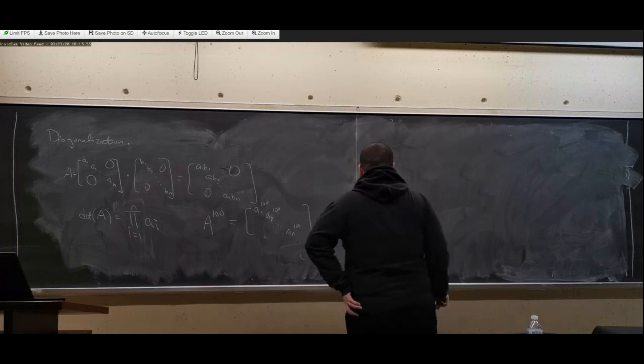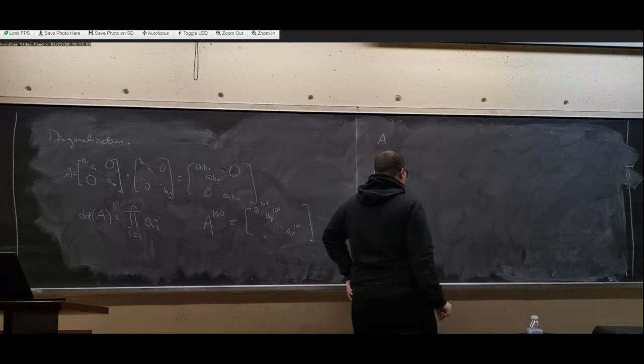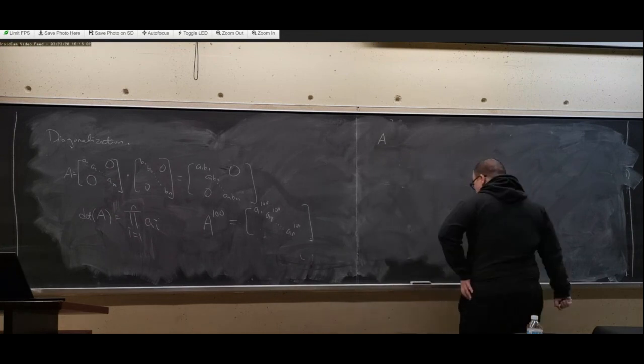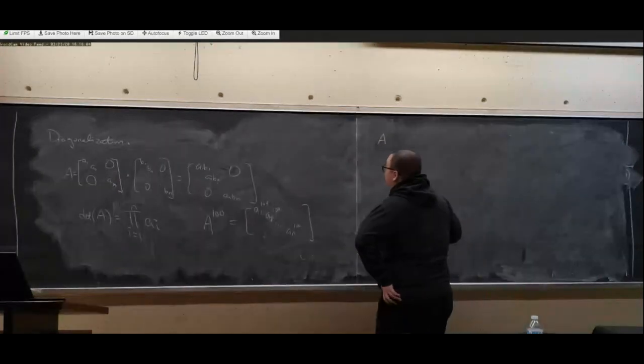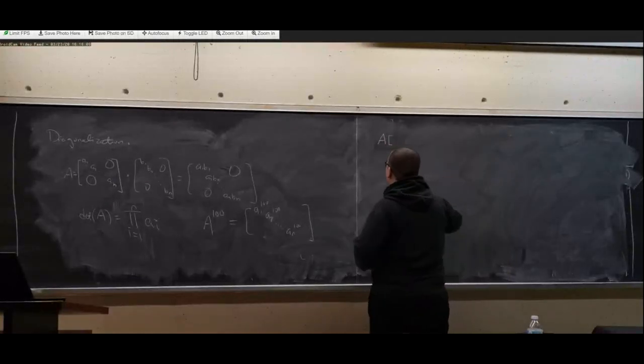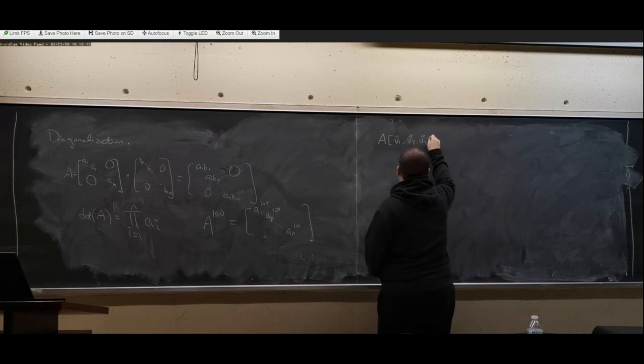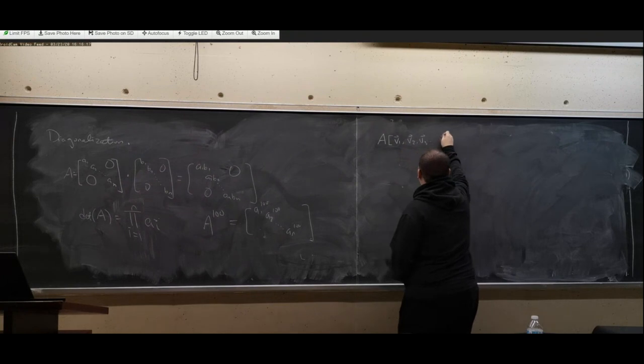Imagine I take a matrix A and multiply it by a bunch of vectors: vector 1, vector 2, vector 3, to vector n.